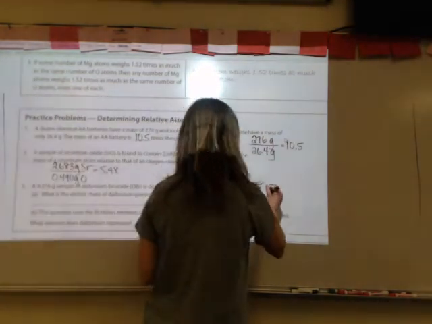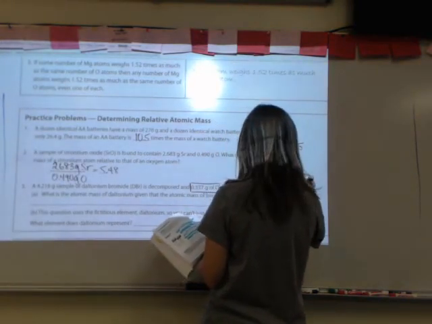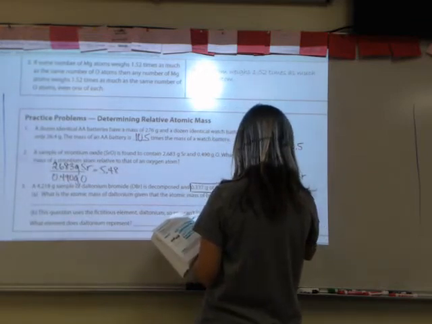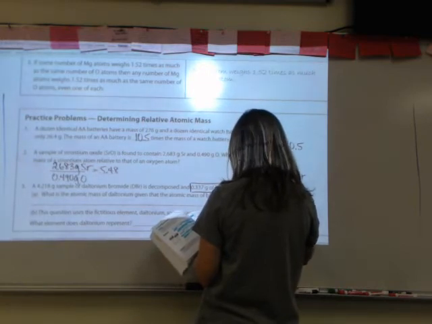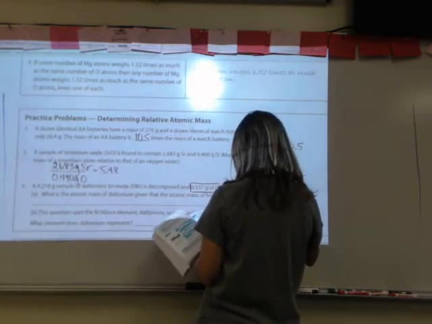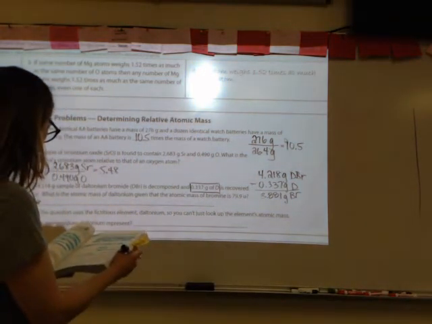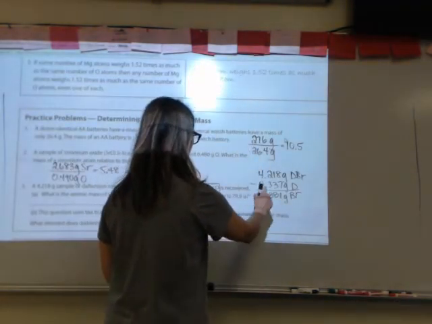So I'm going to take the mass of the compound, which is 4.218, and subtract the mass of the daltonium to give me 3.881 grams of bromine.